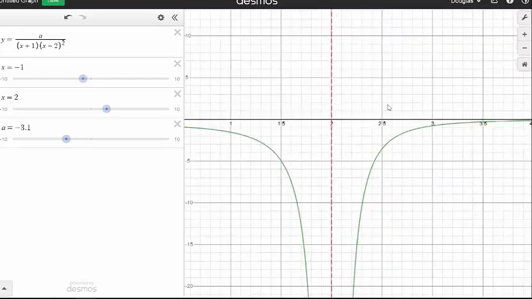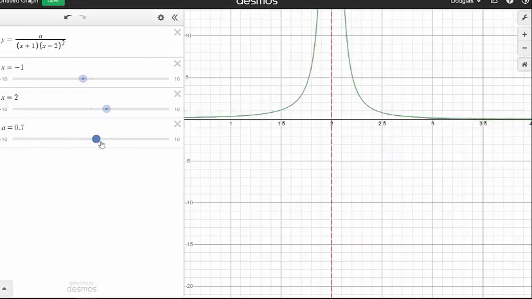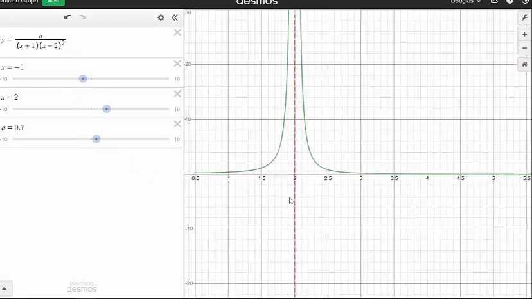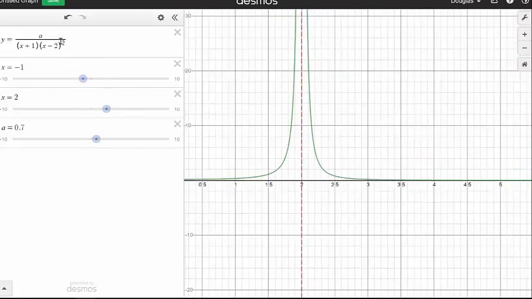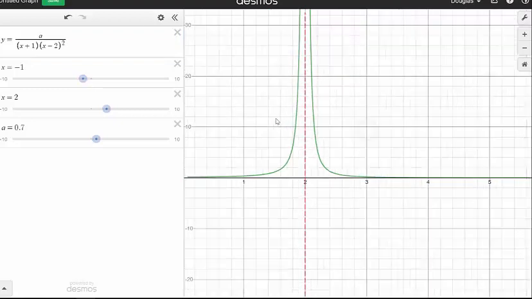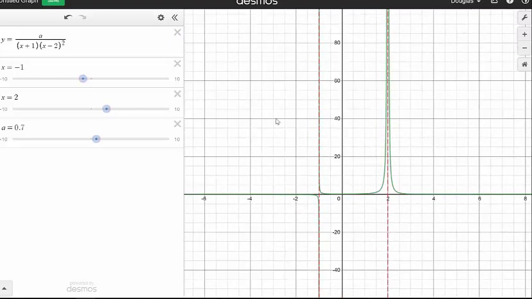This is what happens for any even discontinuity, and if a becomes positive, they're both on the same side, just both up. And this will be true for any even discontinuity, regardless of the power, right? If we go 4, 6, or 8, they all do the same thing. Keep it lowest degree possible, though. And there we go.